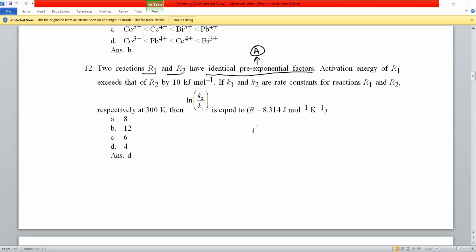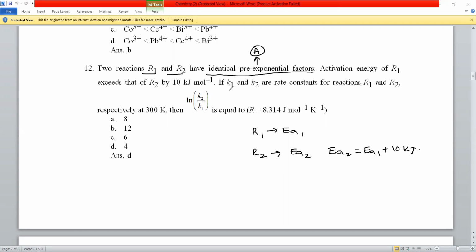For R1 the activation energy is EA1, and for R2 it is EA2. That means you can take EA2 equal to EA1 plus 10 kilojoules.